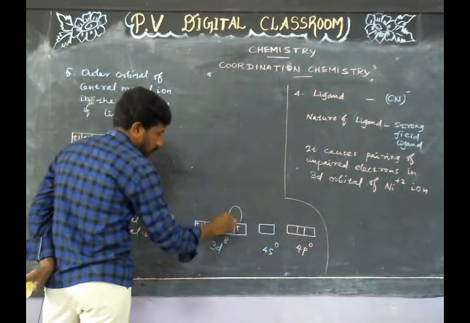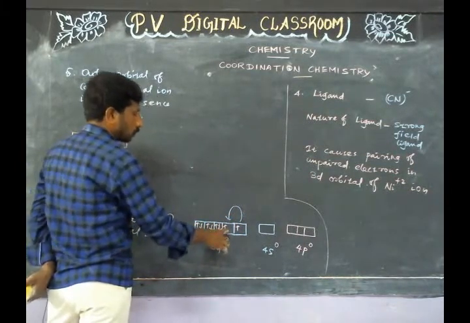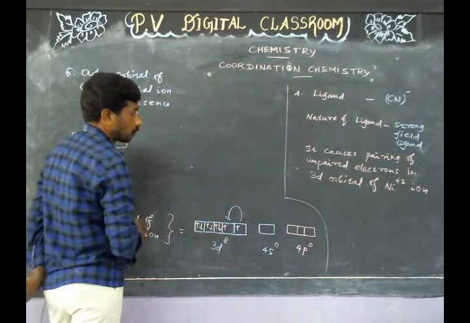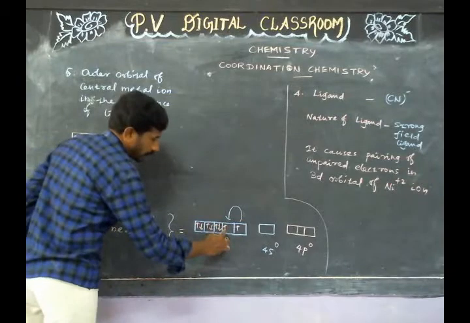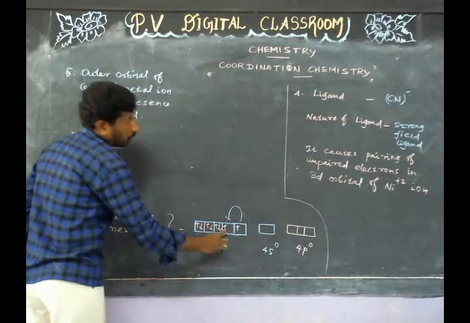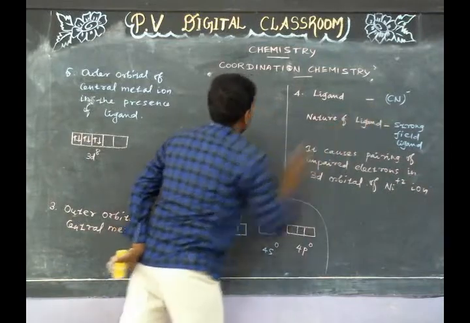This unpaired electron goes to this orbital. So this unpaired electron gets paired in the presence of the strong field ligand, namely the CN- ion.